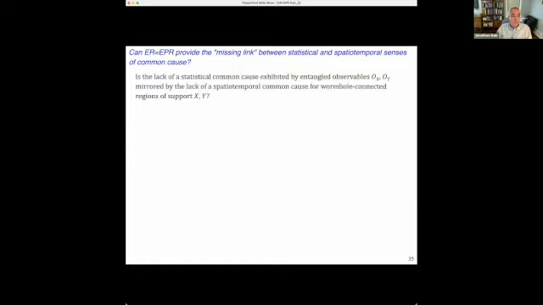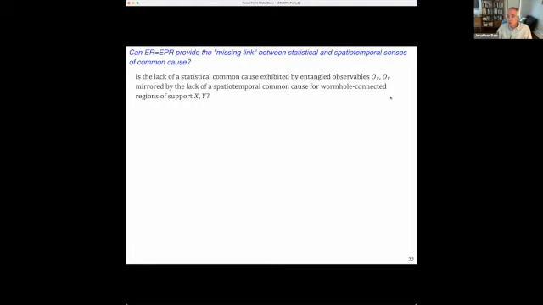Let's modify our question slightly. Can ER equals EPR provide the missing link between statistical and spatiotemporal senses of common cause? In other words, is the lack of a statistical common cause exhibited by entangled observables mirrored by the lack of a spatiotemporal common cause for wormhole connected regions of support X and Y?